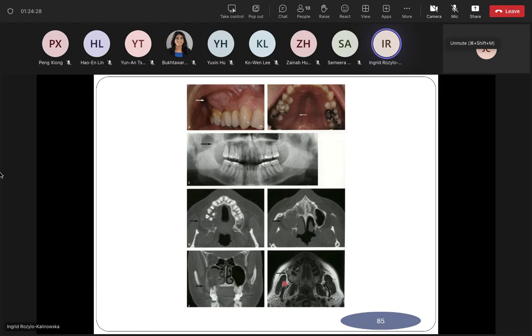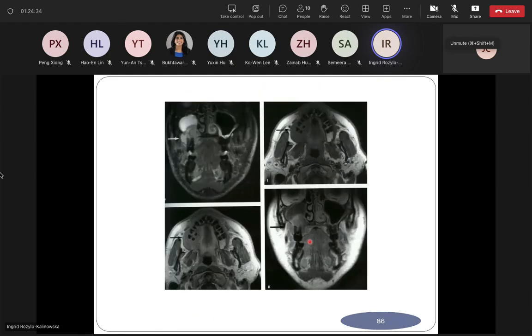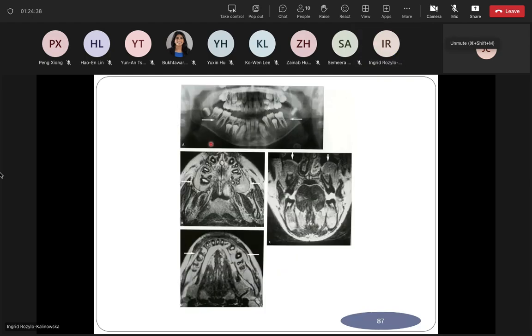And in magnetic resonance imaging, this soft tissue tumor around the teeth that are not resorbed. So a young patient with bilateral appearance of non-Hodgkin's lymphoma, not only in the maxilla, but also in the mandible.